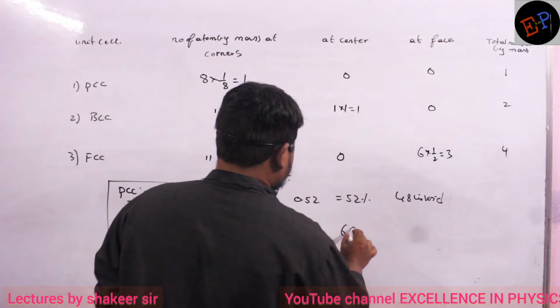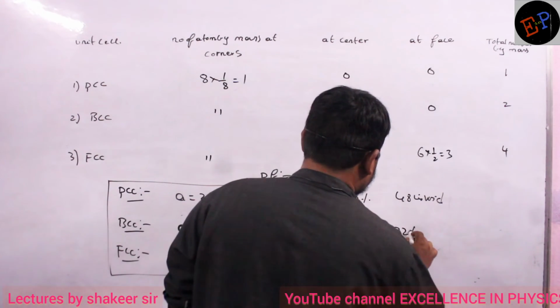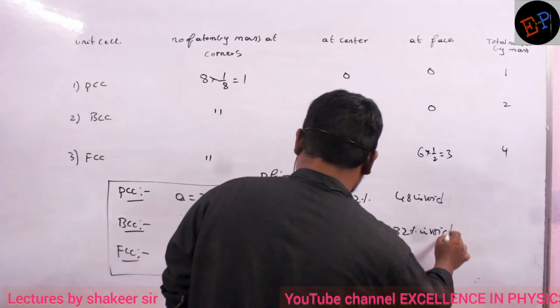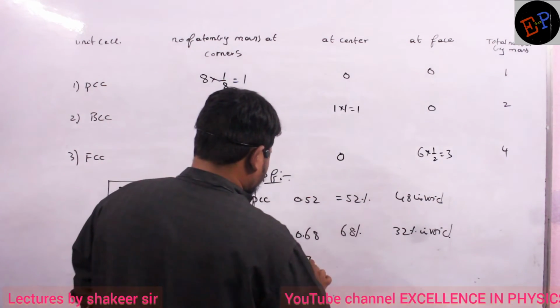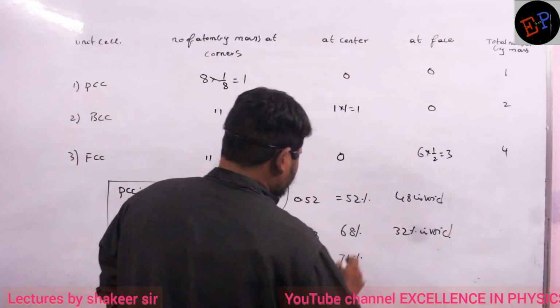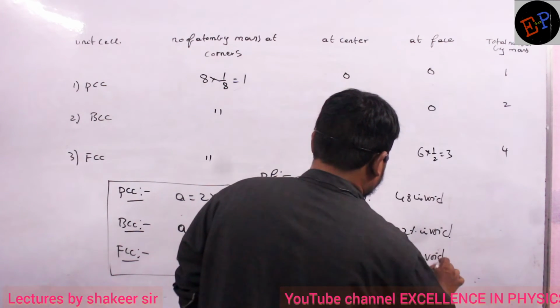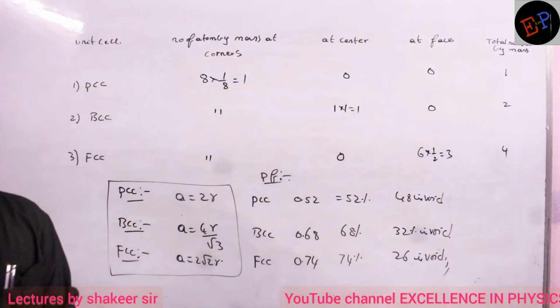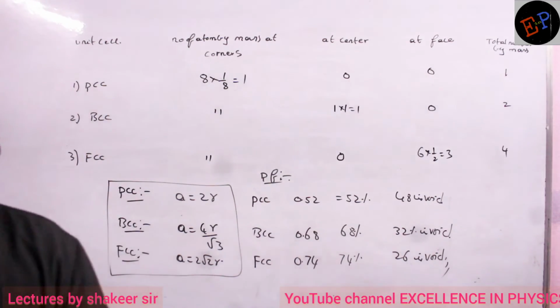It means 68% is filled and 32% is void. Understood? And for FCC, it is 0.74. 74% is completely filled, 26% is void. Okay? These relations you should remember. Is it clear? That's it.